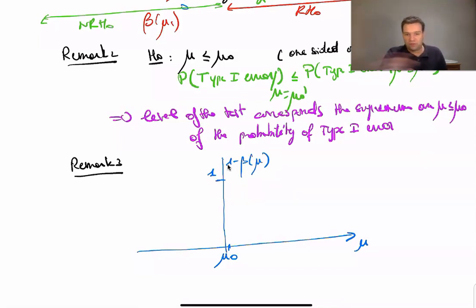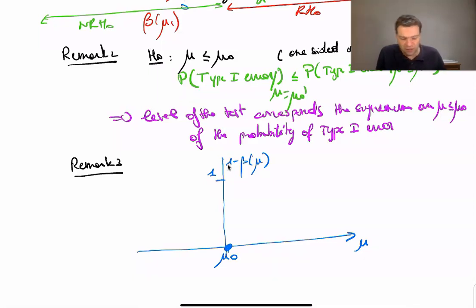In this case, we have to distinguish. I'm not going to write mu1 in this case. I'm going to write a general mu, as if mu is a variable. The x-axis corresponds to different values of mu. Here, in this case, obviously, the power should be really small.